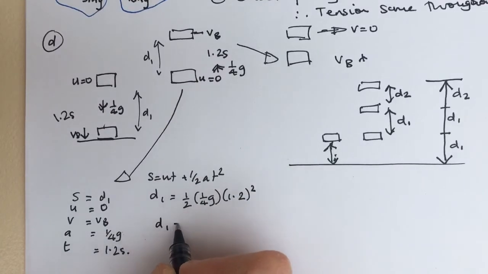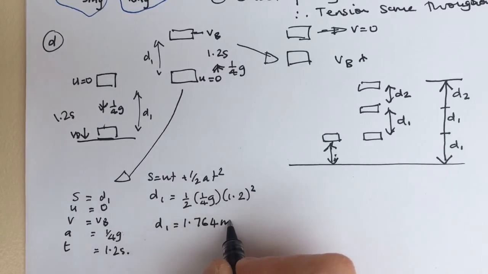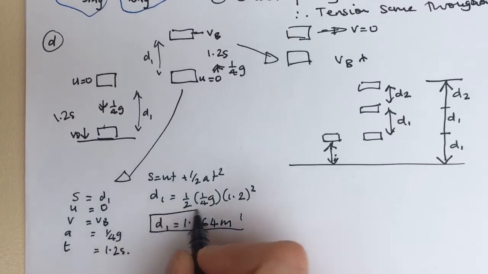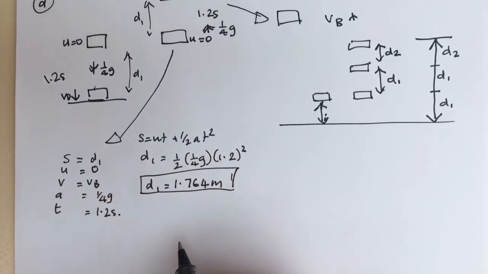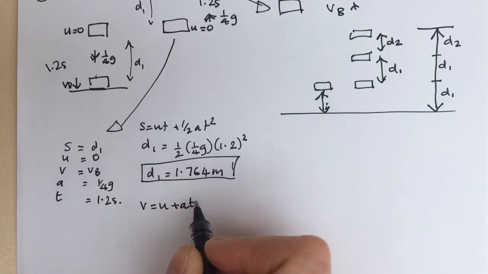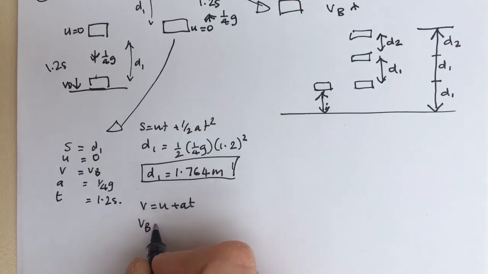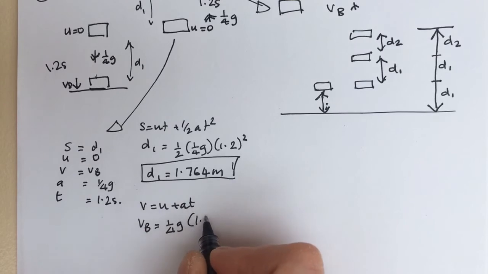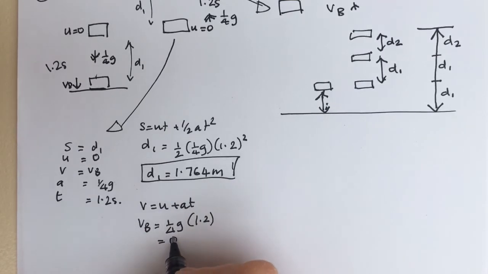D1 from my calculator comes out as 1.764 metres. Using suvat as well, I'm going to find VB. This time I'm going to use v equals u plus at. So VB is going to equal a quarter g times 1.2, which is equal to 0.3g.